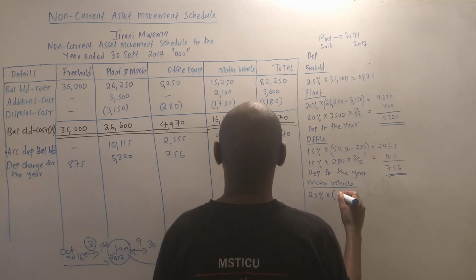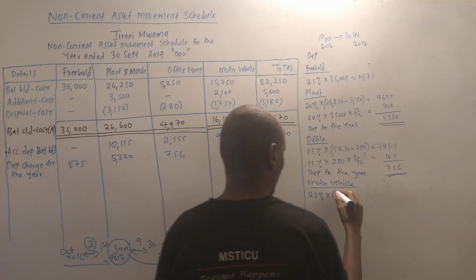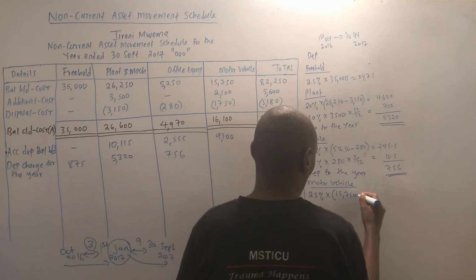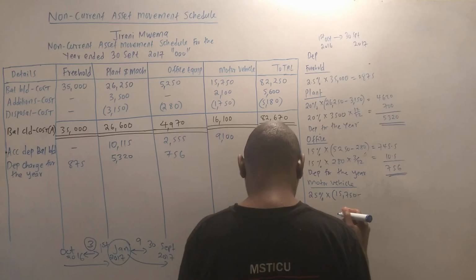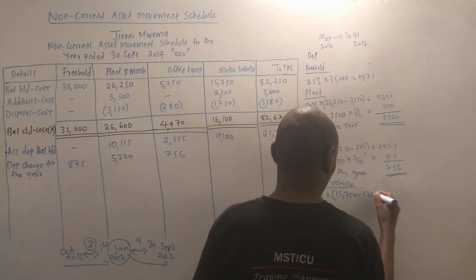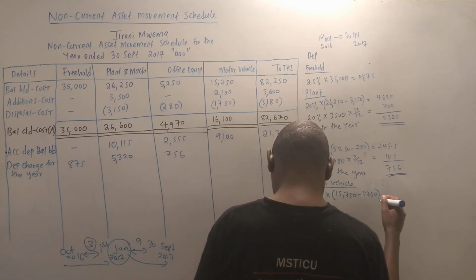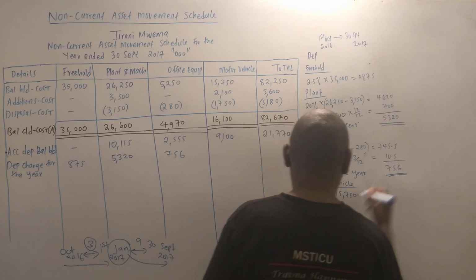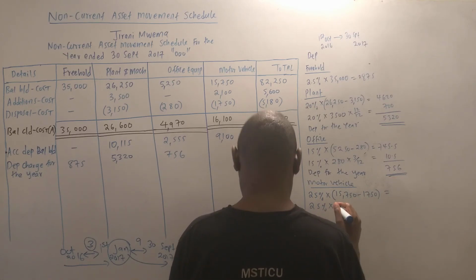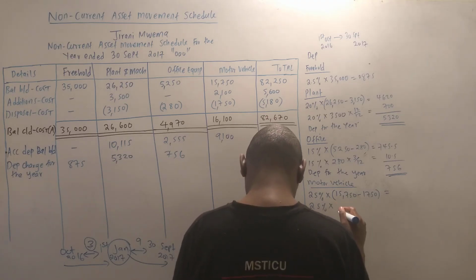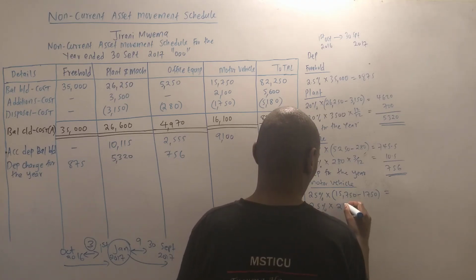Now on cost, what's our cost? 15,750. But there was something that was sold, which is 1750. And then also consider 25%. There's something that was acquired. That is, they acquired 2100.